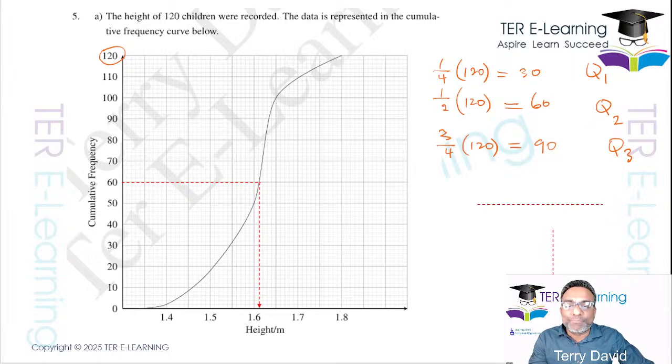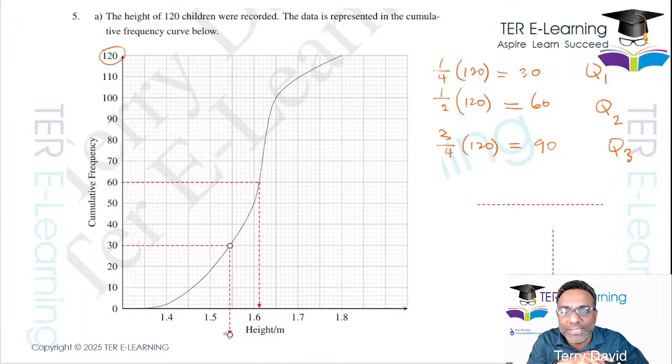So here's what you're going to do. For the lower quartile, you're going to come to the graph and read off at 30. That's what the quarter was about. Now let's see what that corresponds to. According to my diagram here, and we can accept a range of answers like I said, it's not really exactly on a line.